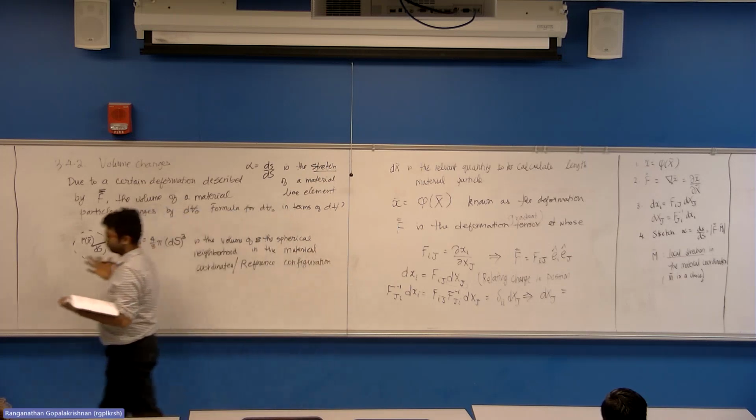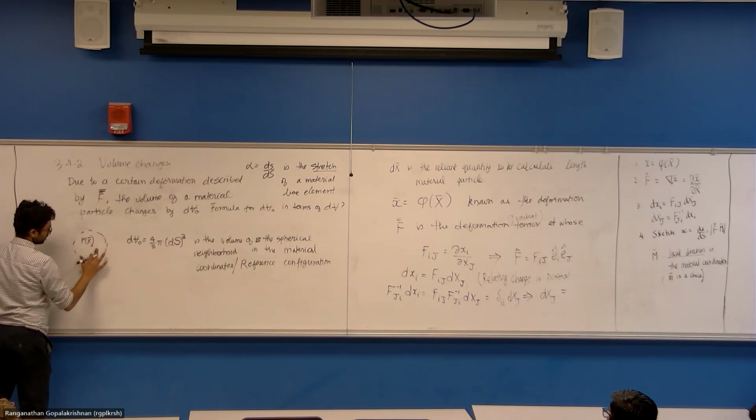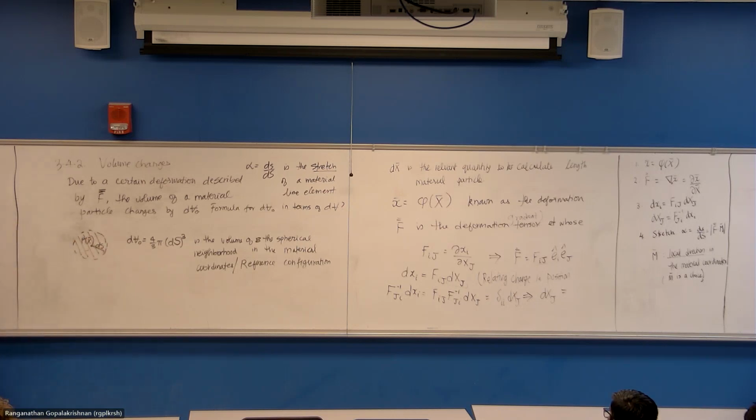That is, this is the reference or the configuration before loading with respect to which we calculate the deformation, right? So this is considering a point and the volume of the element in its immediate neighborhood. Okay.